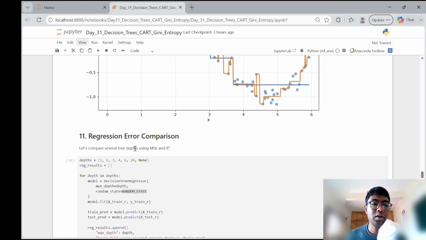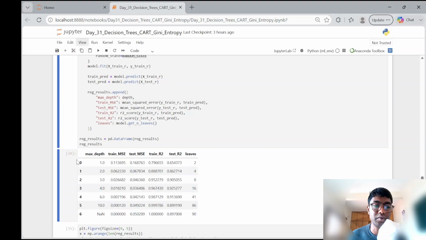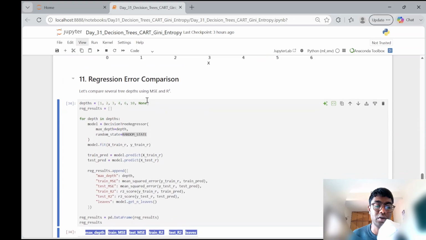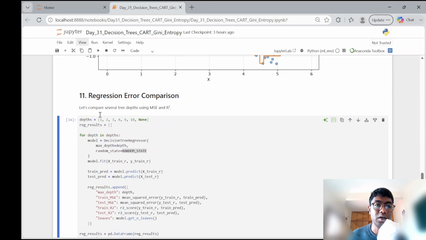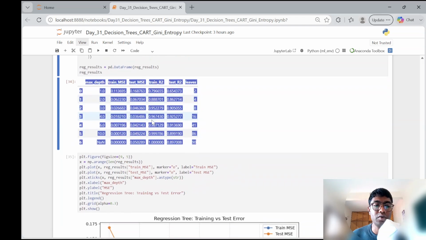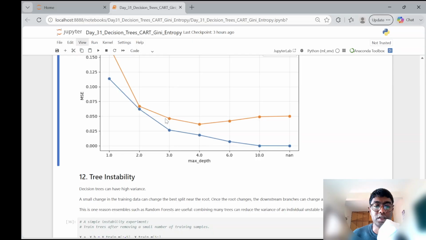We are also going to visualize the max depths and the error values that we see for regularization of a decision tree regression. Take a look at this. So that's one thing, and the same in chart.